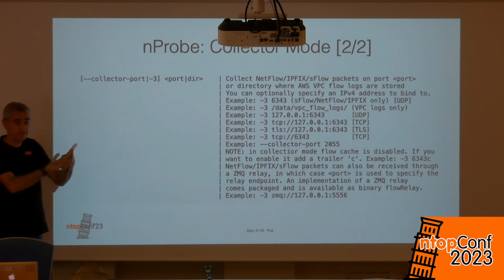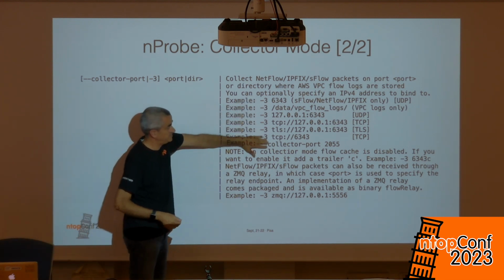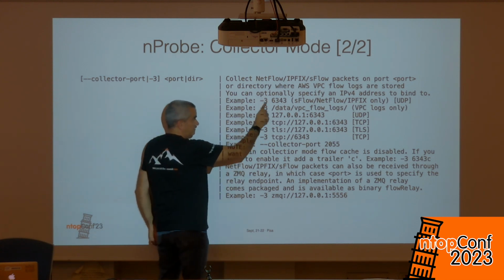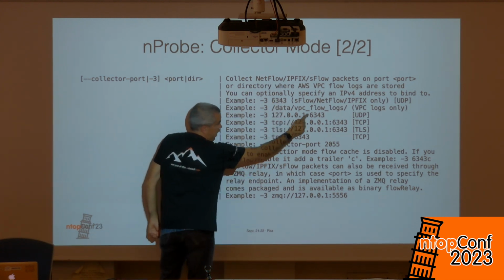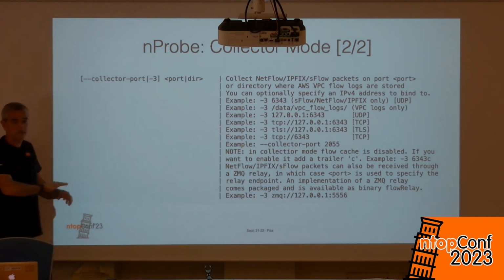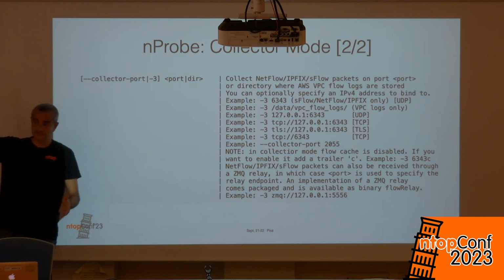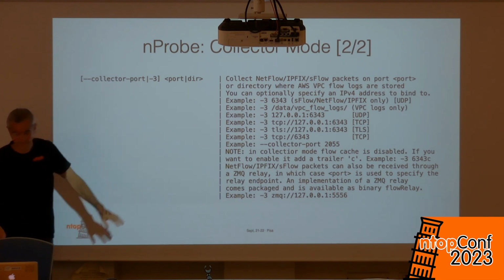SCTP is another protocol used by some routers. Anyway, we support everything. But as I said, you specify a port, and if you have multiple interfaces, nProbe will massage the data for you on your behalf. There is no need to specify that this router is sending me sFlow, the other one sending V5, the other one V10, and nProbe does it for you.